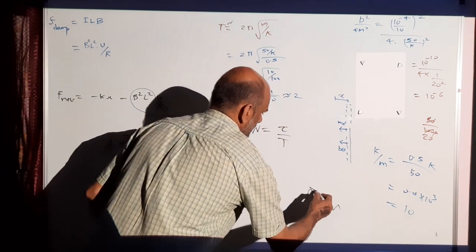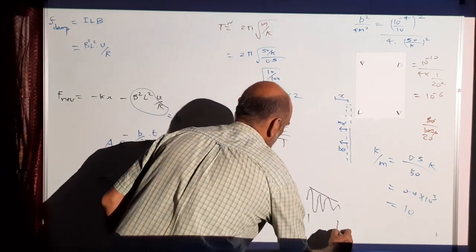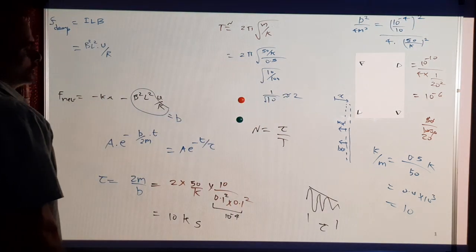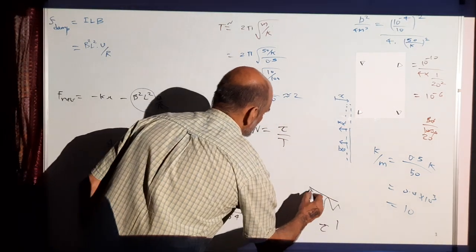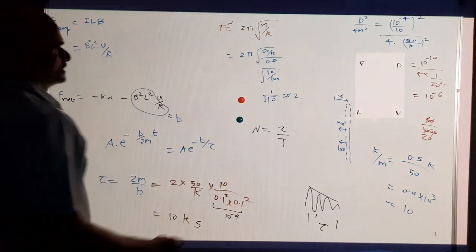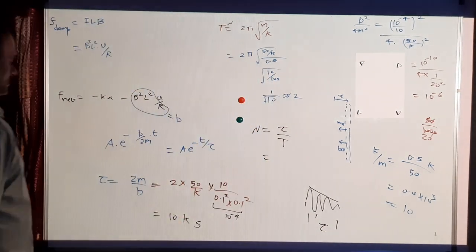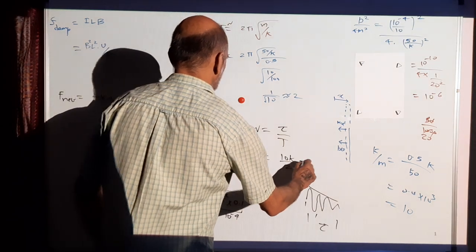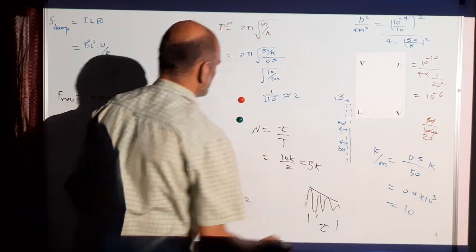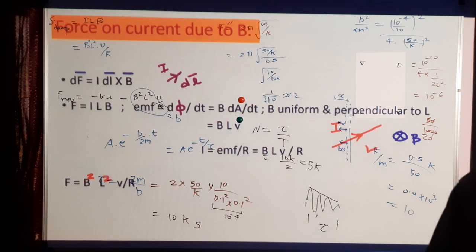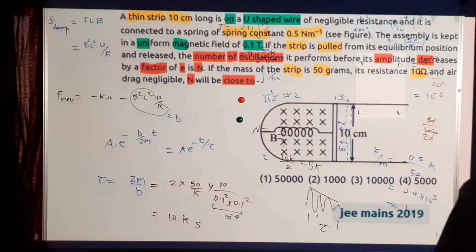But in this time tau, the amplitude drops down by 1 by e. So in this time tau, how many T's are there? That is the number of oscillations. So tau is 10k by 2, which is 5k, that is 5000. So 4 is the correct option.